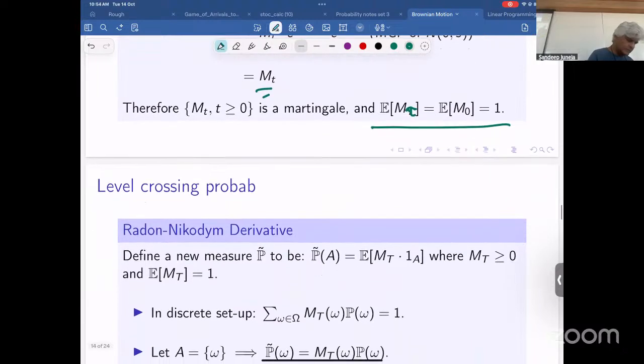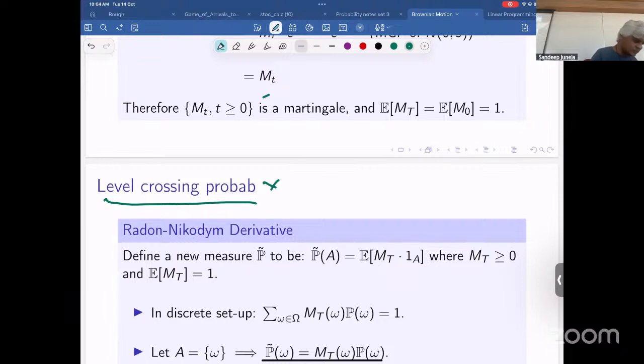Also, actually, I started doing level crossing probability here, but then I realized it's not that easy. It's easier in discrete time. So then I changed the title.